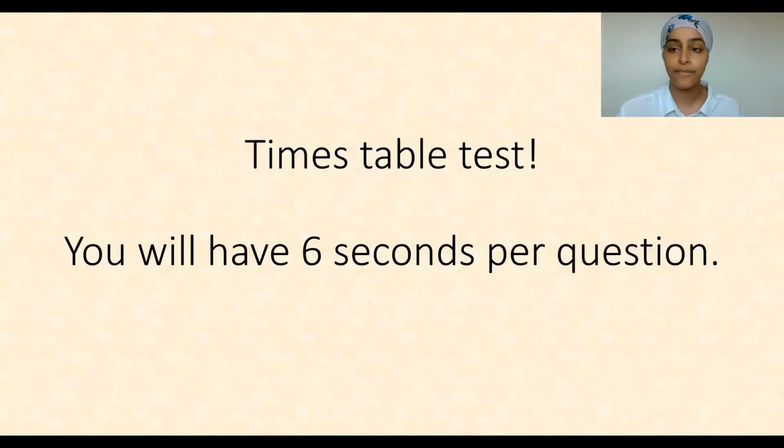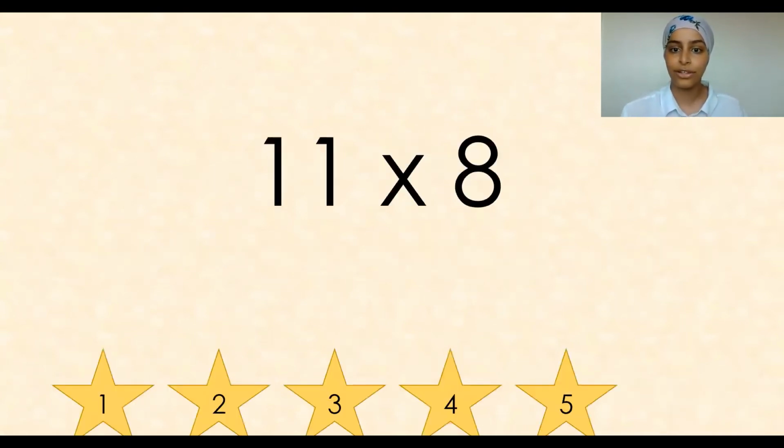So I'm going to give you 25 questions similar to what the test would have been like, and we're going to have a go. Okay, number 1, 11 multiplied by 8.